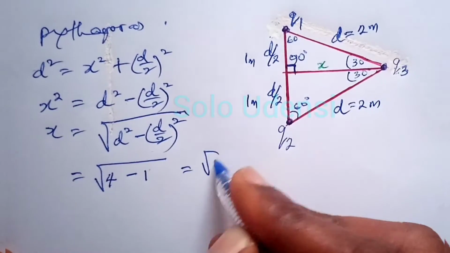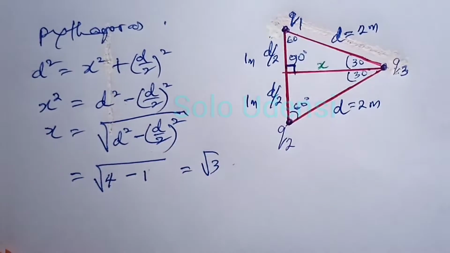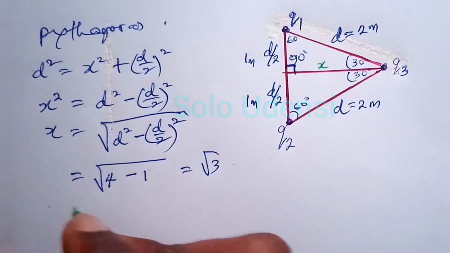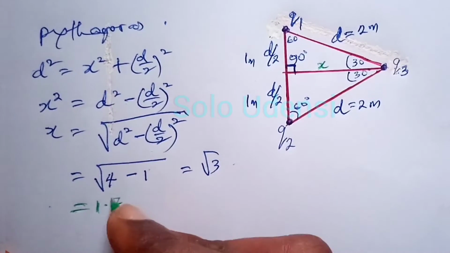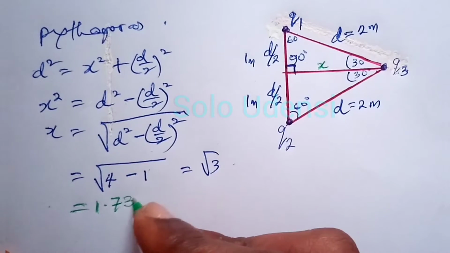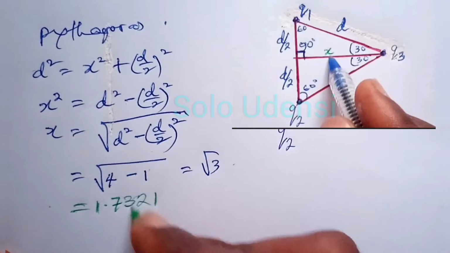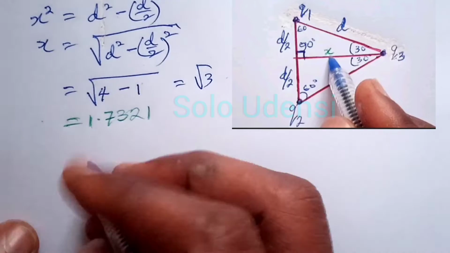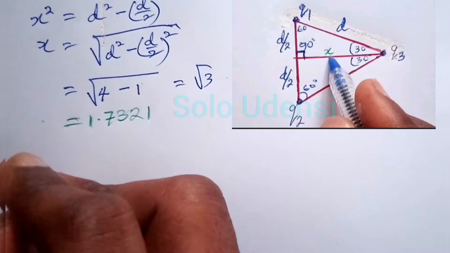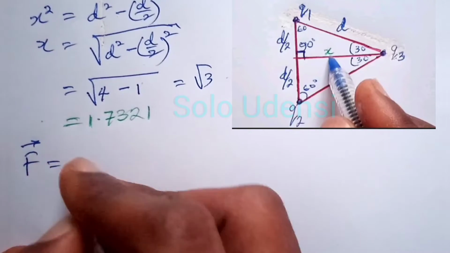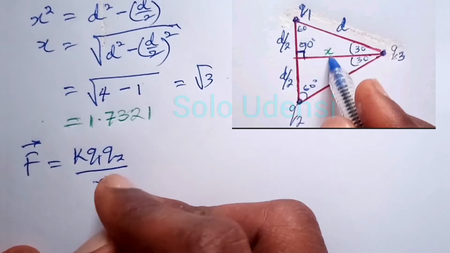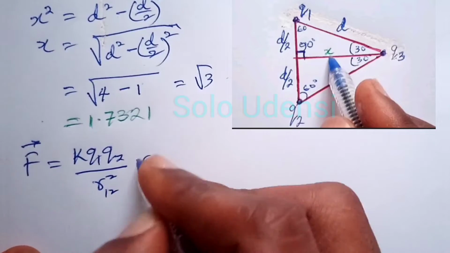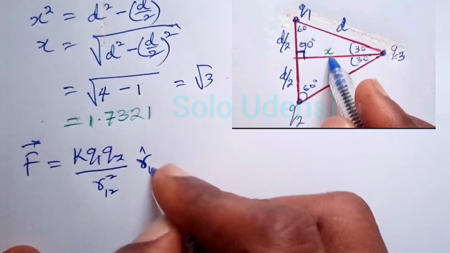So it's the square root of 3, and x is equal to 1.7321 if you like. The magnitude of electric force F vectorially is given as K Q1 Q2 all over r12 squared times a unit vector r12.